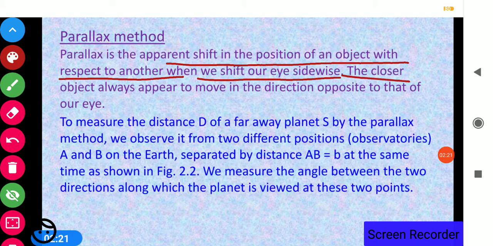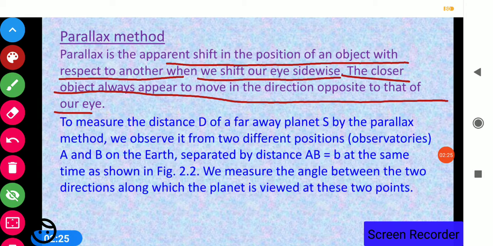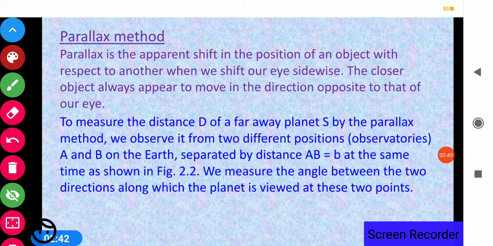The closer object always appears to move in the direction opposite to that of our eye. It means when you close your left eye, you will see your finger moving to the right side, and when you close your right eye, the finger shifts a little towards the left side. So this apparent shift is known as parallax.